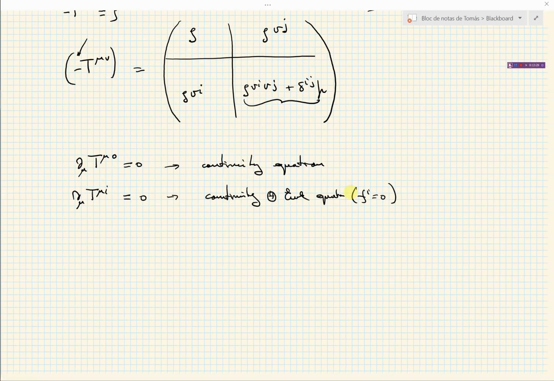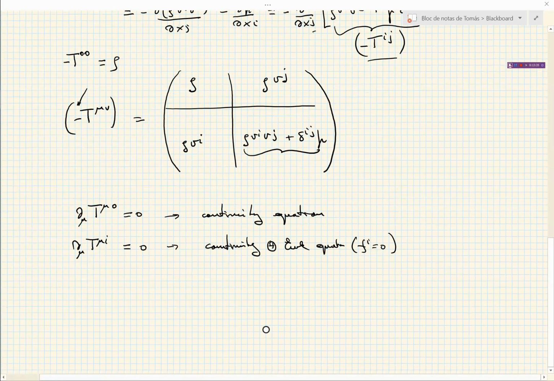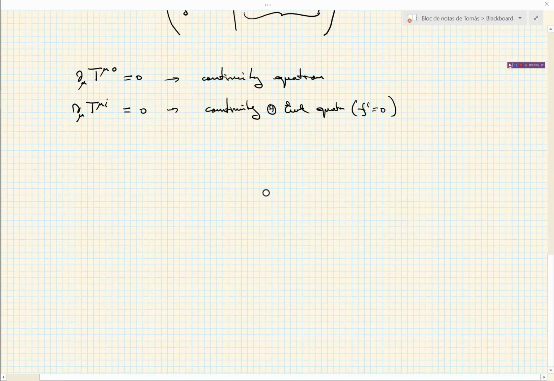Now, we want to do the same really in the relativistic setting. It is almost there, but here all the quantities that we have used are non-relativistic. But before we do that, let's see, just for completeness, what could be the imperfections that modify this perfect fluid and how they are taken into account.